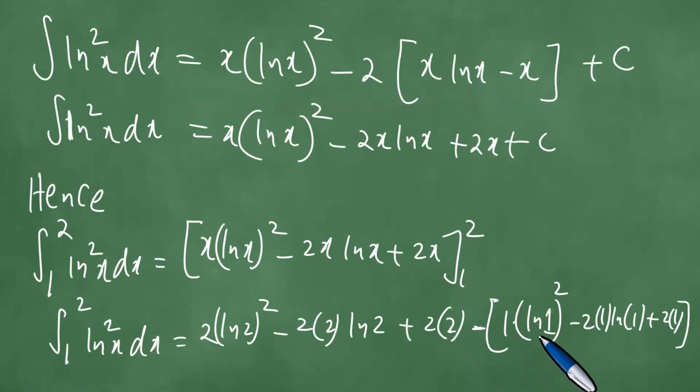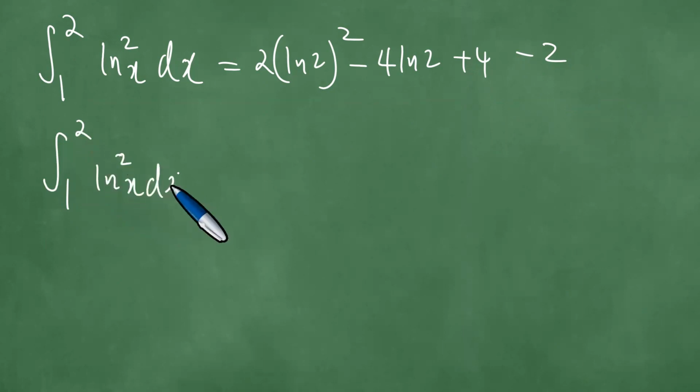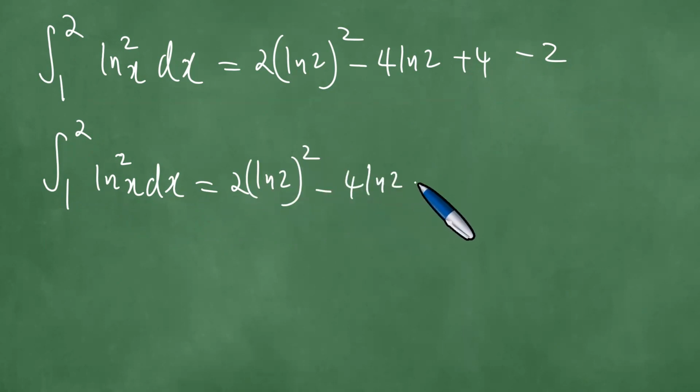Then ln 1 is 0, and the terms with it are 0, and the last one is minus 2. So the integral from 1 to 2 of ln squared x dx is 2 times the ln of 2 squared, minus 4 ln 2, plus 2.